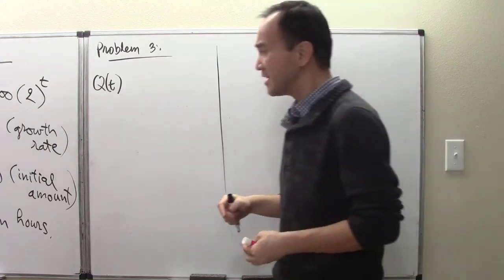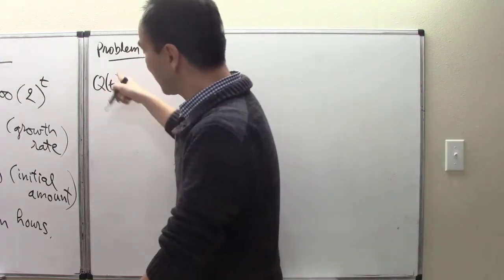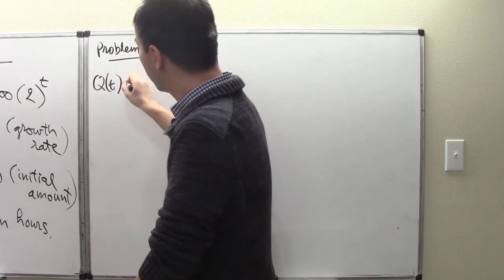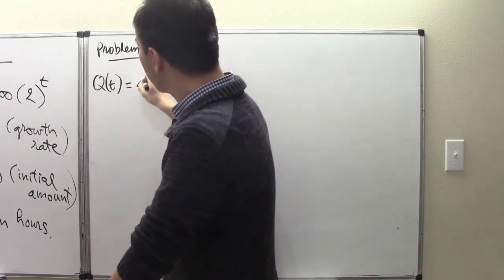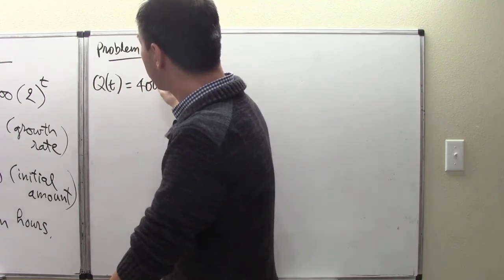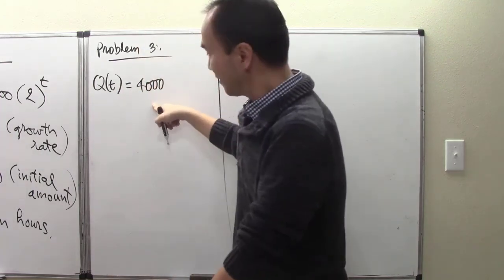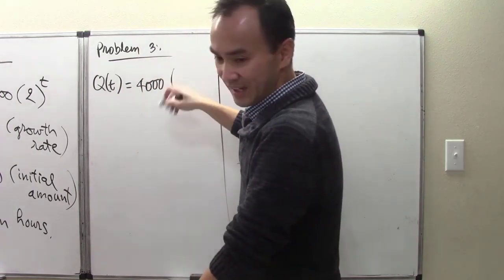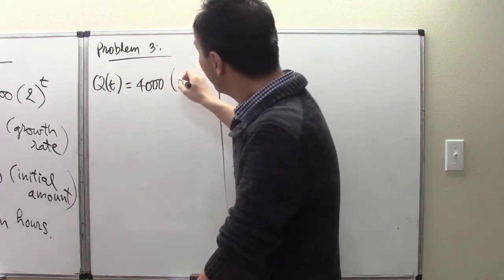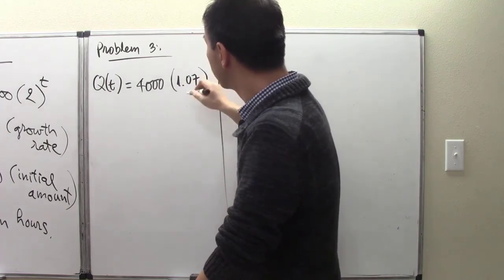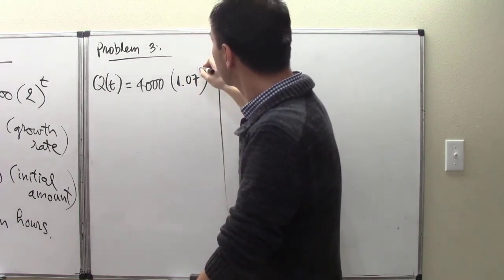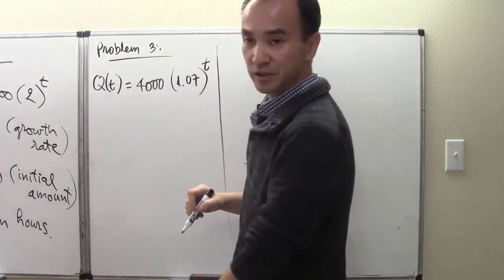It was financial math. So that quantity now I call Q of t, and we formulated that as a function of 4,000. That was our initial amount again. So 4,000 times 1.07 raised to the t again.